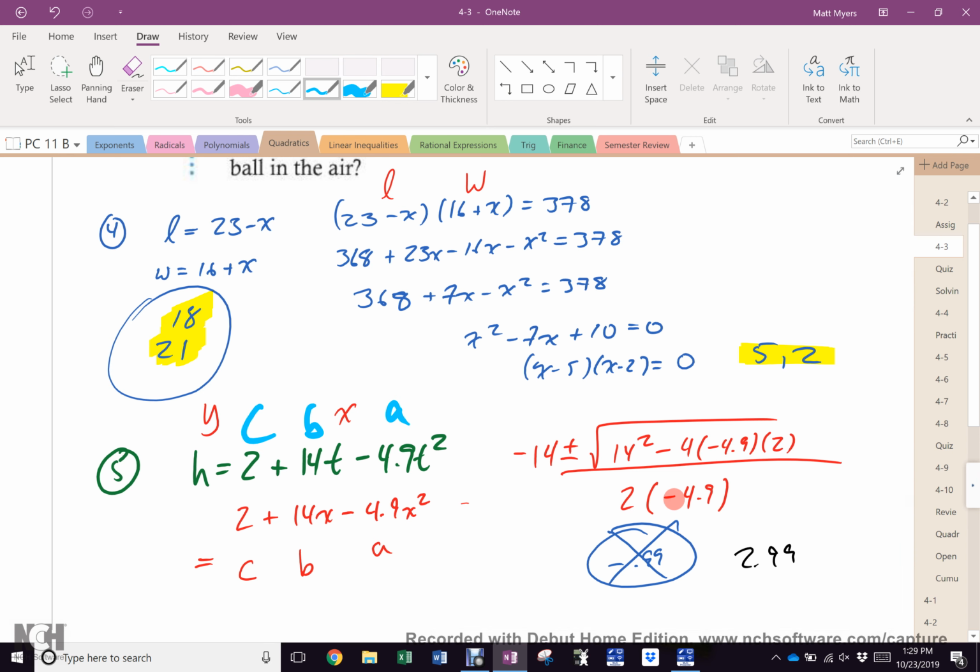I just don't know what to do. You punch this into your calculator. You do 14 squared minus 4 times that, square root. You do the work. I'm not trying to sound frustrated, but I don't know how else to explain it to you. You do math. You're in math class. Just punch it in.